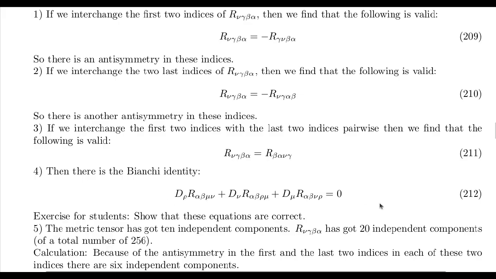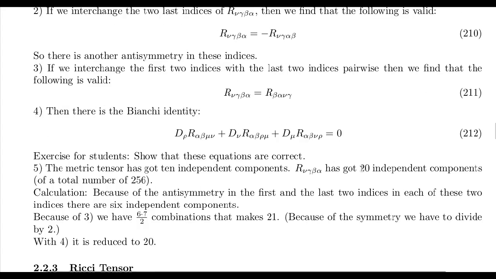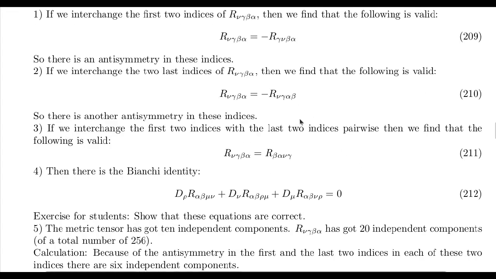Okay, Bianchi identity. This is an exercise for students. Show that these equations for the symmetry are correct. That's very easy. You must only use the definition of the curvature tensor and substitute, then a short calculation, and then you will see these symmetries are true.